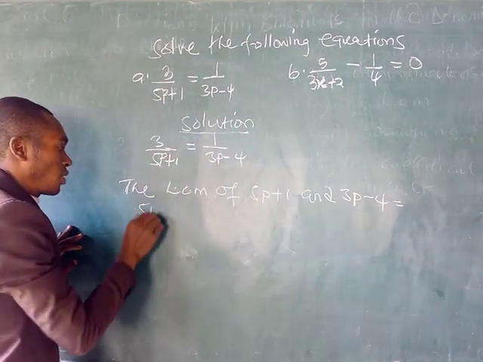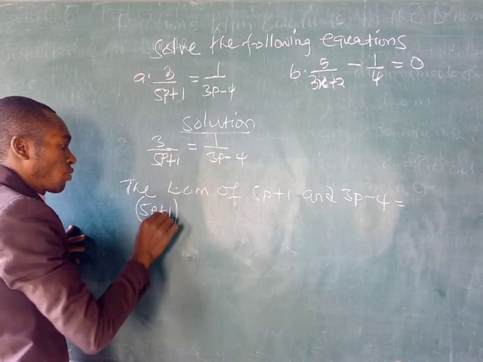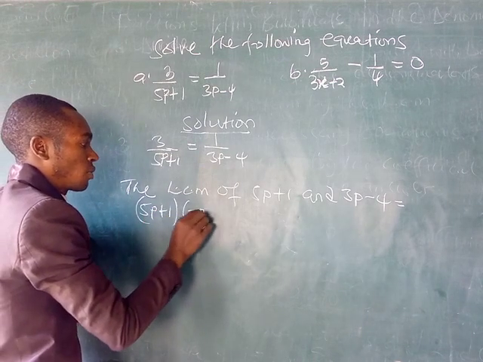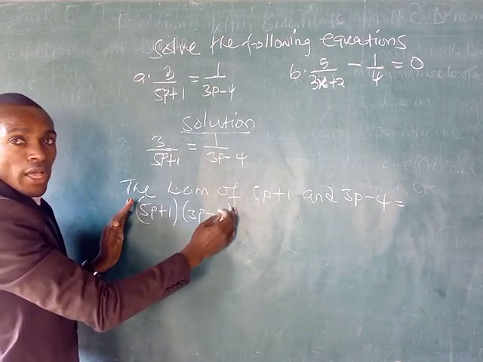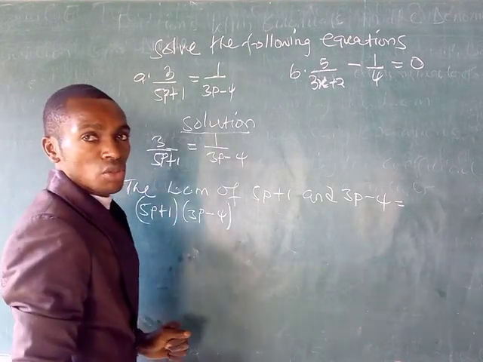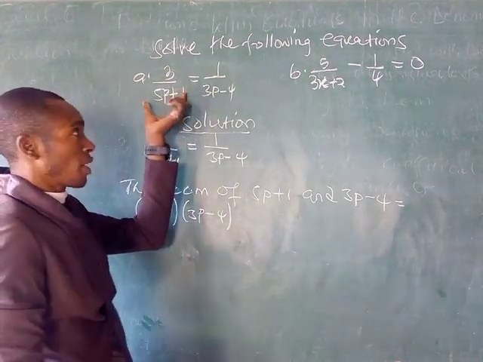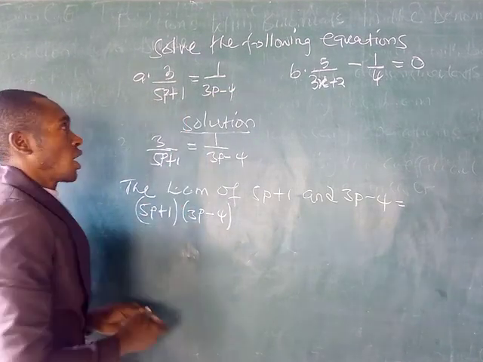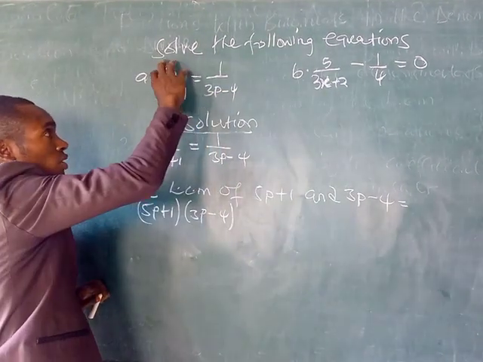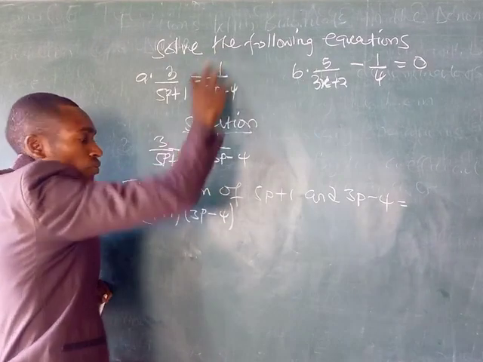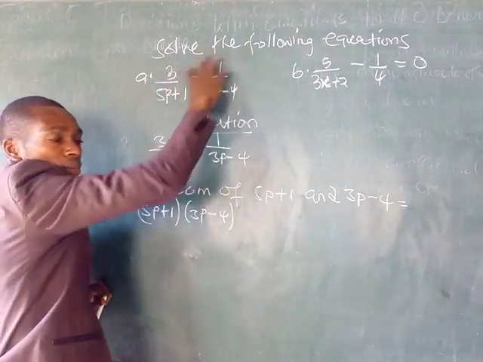So 5p plus 1 and 3p minus 4. This is our LCM. Now the next hint we gave is multiply each term by the LCM of the denominators. This is term 1, this is term 2. So we're going to multiply each of these terms by the LCM.